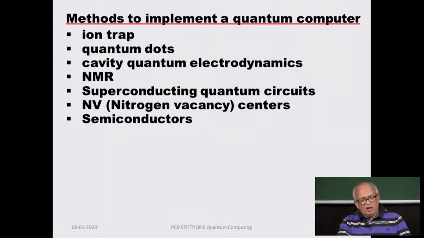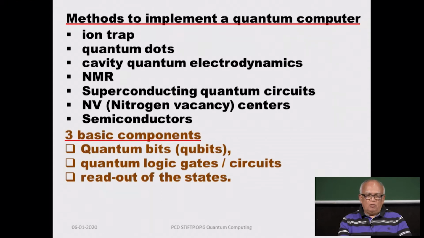Essentially what they are trying to do is to manipulate a spin half system. Of course, they can do it with some other spin states also, but this is what they try to do to implement a quantum computer.